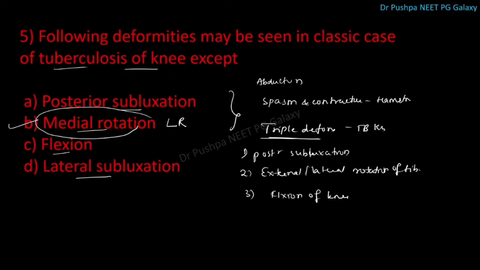So these are the components of triple deformity in tuberculosis of knee. In this we can see fibrous ankylosis.